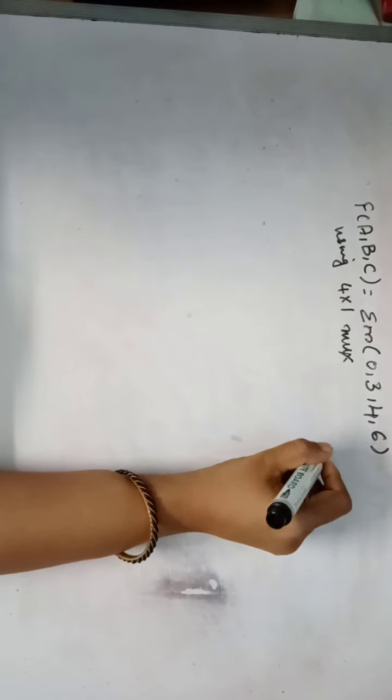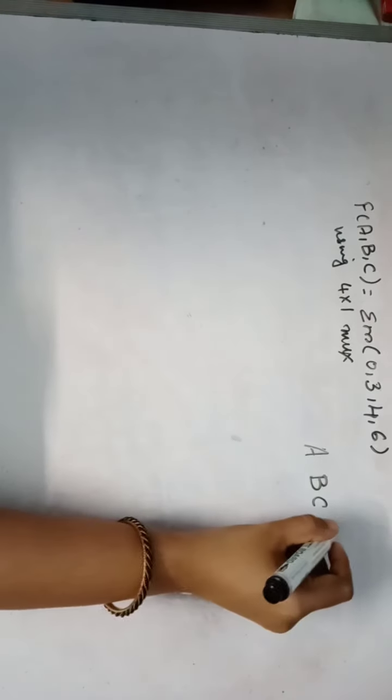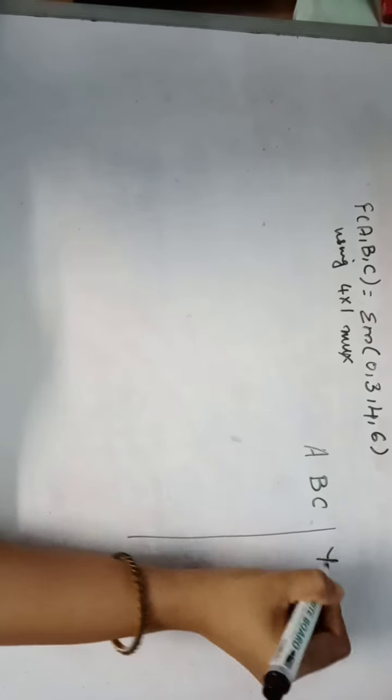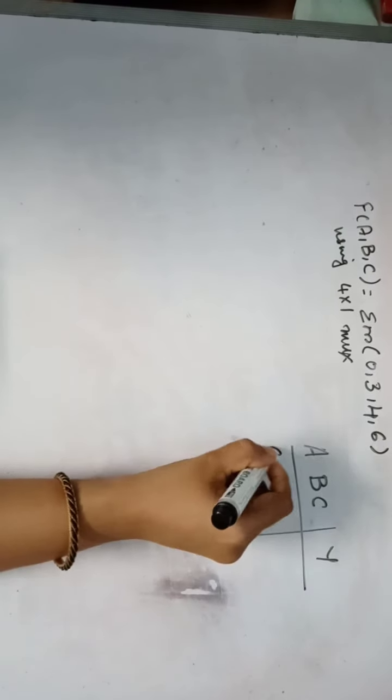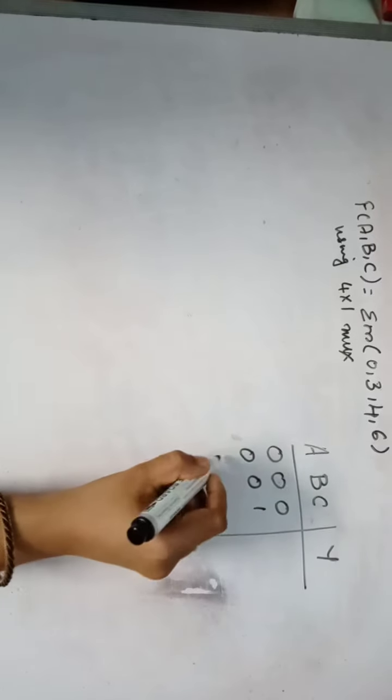What do we know? The select lines are A, B, C. My output is Y. So that will be 0 to 7.